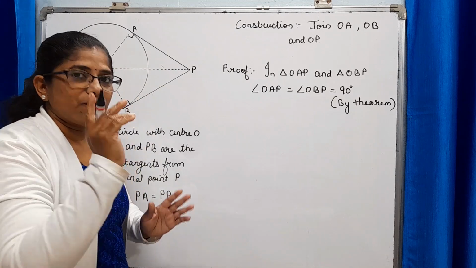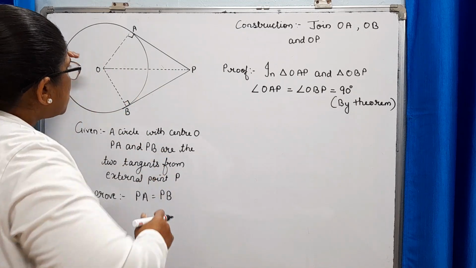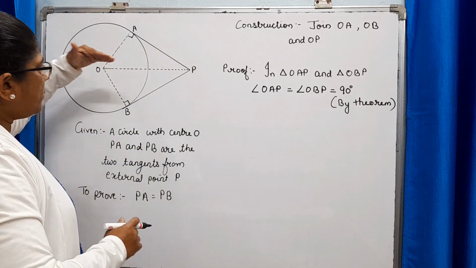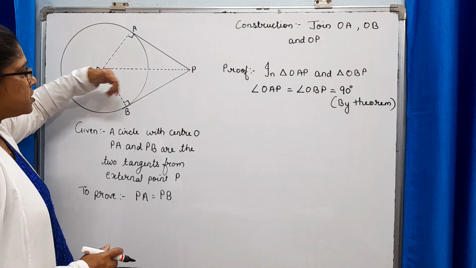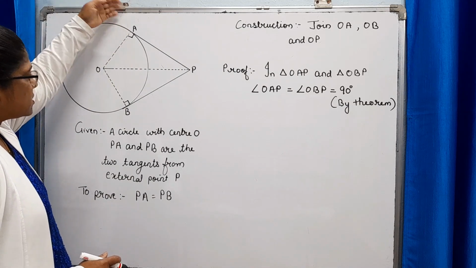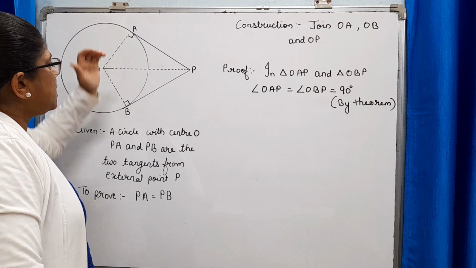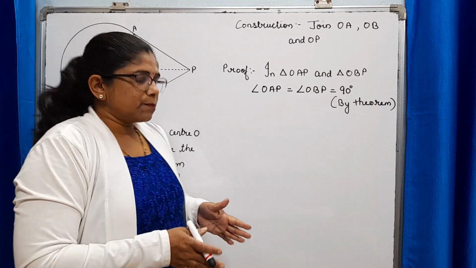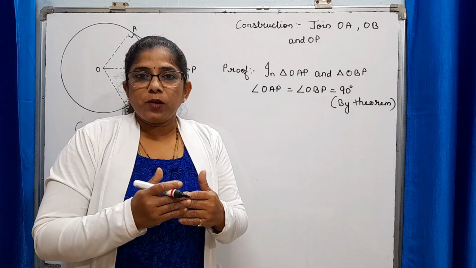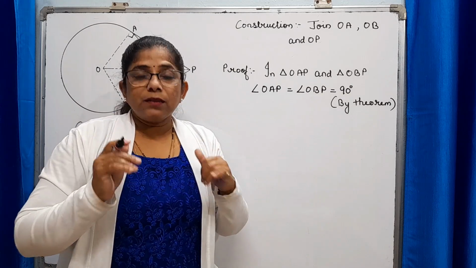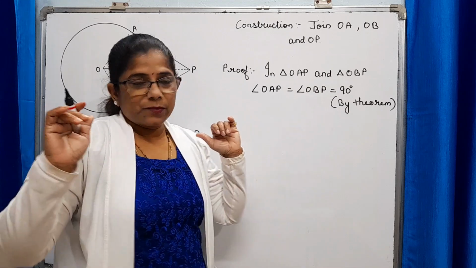Now we have one right angle. Fine. What about OP? OP is the side which is opposite to this 90 degrees as well as this 90 degrees. Means side OP is the hypotenuse for both of these triangles and it is common.